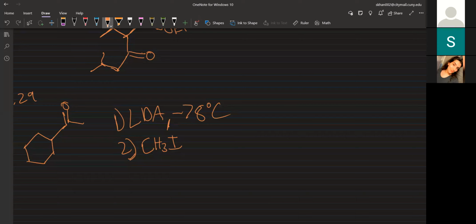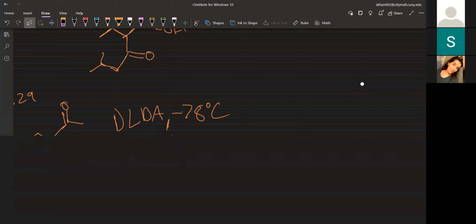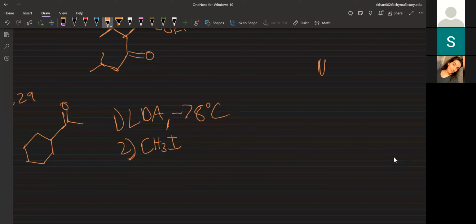Remember, LDA looks like diisopropyl amine. Pretty sure this should be the structure. So the place with more H is obviously available. That's LDA, a super sterically hindered base.